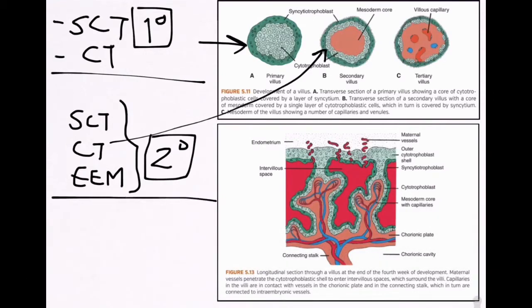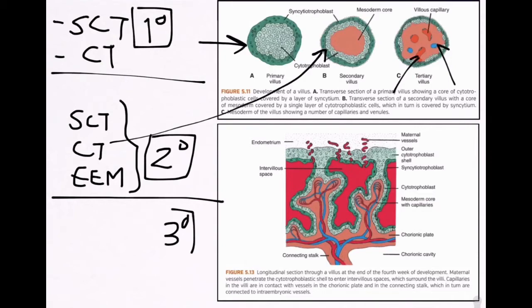And then as we reach day 21, can you see these little things? These are your fetal capillaries, and they are basically developed within the extraembryonic mesoderm by the cells of the extraembryonic mesoderm itself. A process known as angiogenesis, which you don't need to get into the details of.